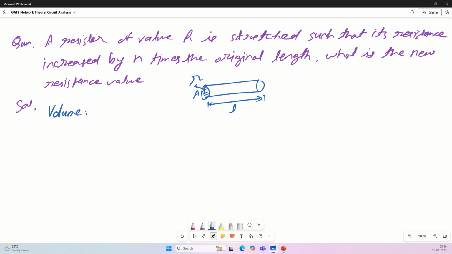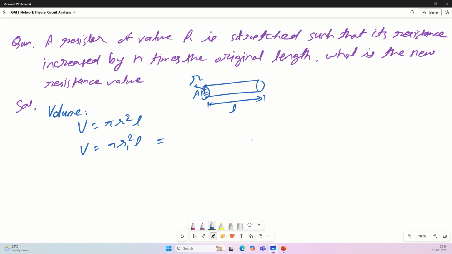Volume of a cylinder you know already. What is the volume of a cylinder? V is nothing but the area of cross section, that is pi r square, into h, that is the height of the cylinder, which is my length. So my volume is pi r1 square L. Now what will be the new volume?